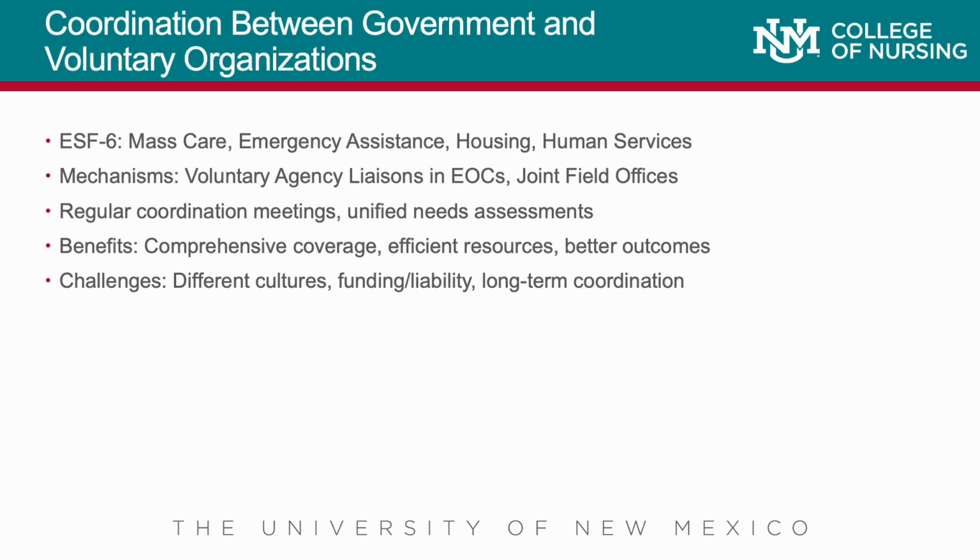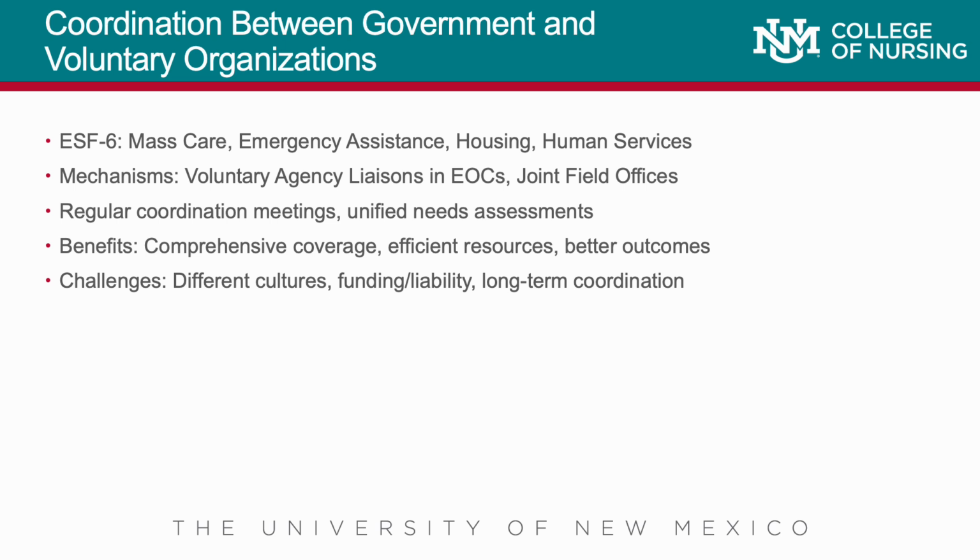A critical question in disaster management is, how do all these different groups, FEMA, state agencies, the Red Cross, local churches, actually work together without tripping all over each other? The answer lies in formal communication. At the heart of this is the Emergency Operations Center.